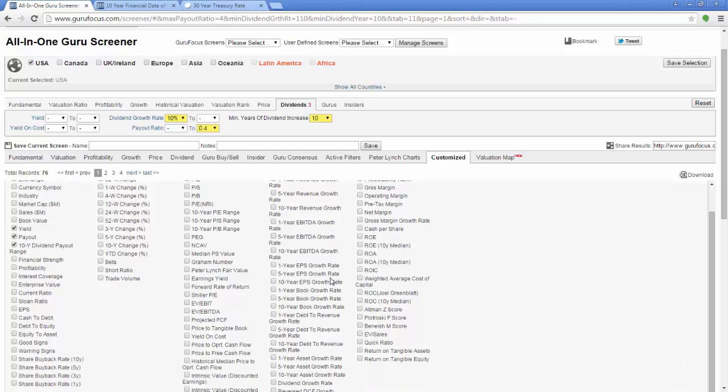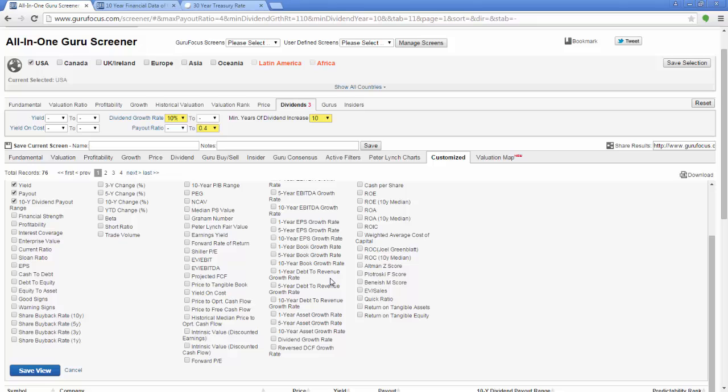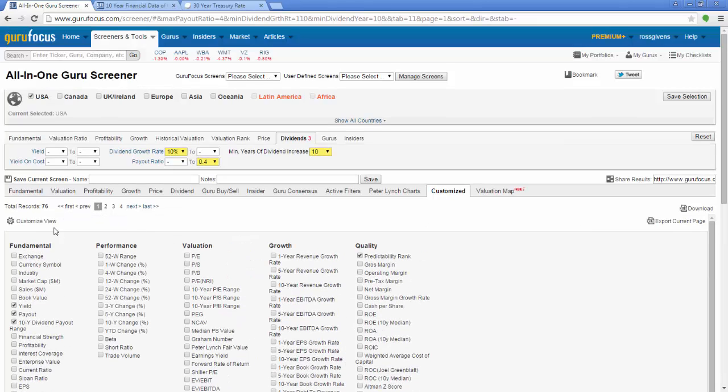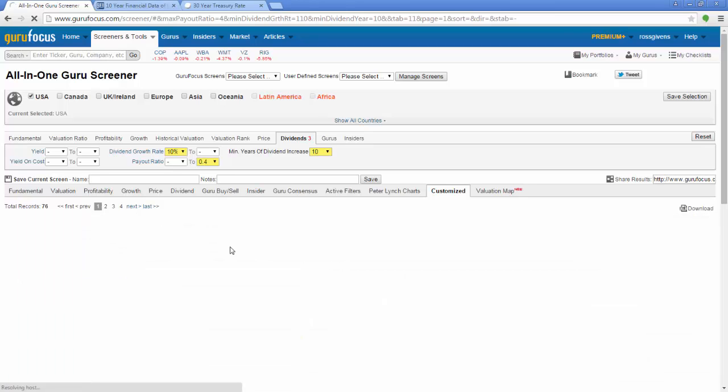I'm looking for the 10-year dividend yield. Forgive me, I wasn't prepared for this question. I'm sure it's in here somewhere. You can find the dividend growth rate. But anyway, we'll just save this view.